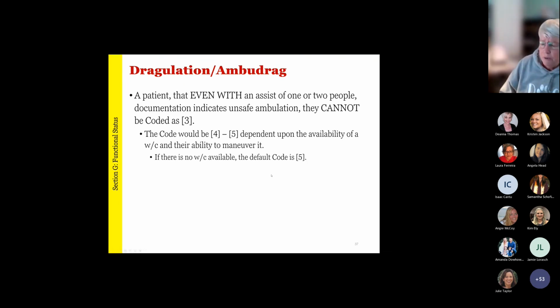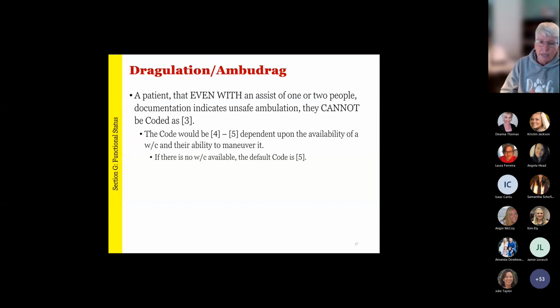So like I said, if you have that patient that even if they're getting some assistance while they're walking, you just cannot say that this is safe by any stretch of the imagination, they can't be a 3. You're like, yeah, but they're not chair fast because there's no wheelchair in the home. Yeah, but this is one of those, we only have so many options. If we had an option for every answer we wanted, there'd be a score of 0 through 100 for every single item.